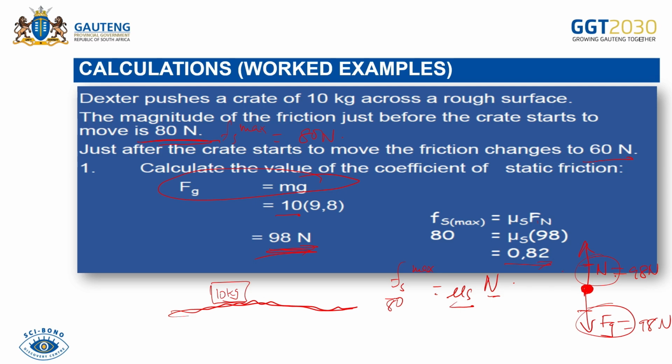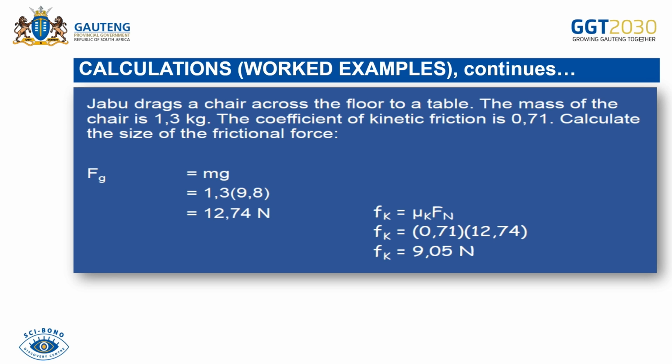Then another one: Jabu drags a chair across the floor to a table. The mass of the chair is 1.3 kilograms. The coefficient of kinetic friction is 0.71. Calculate the size of the frictional force.